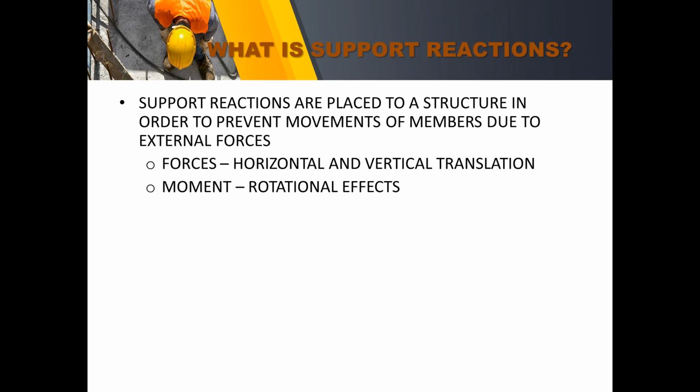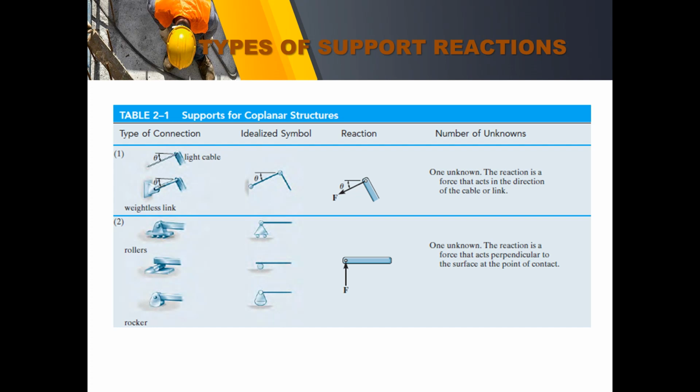So whether your forces are horizontal and vertical translation, or it could be rotational effects. The types of support reactions are shown here. This is just a recall on your mechanics.